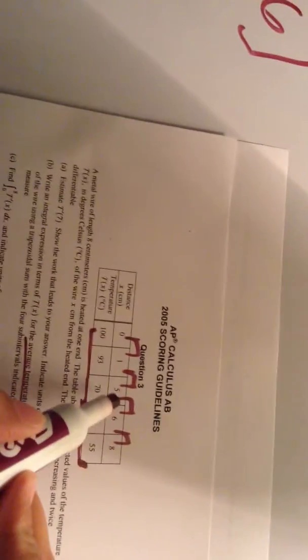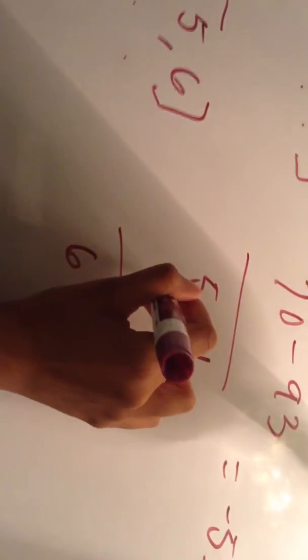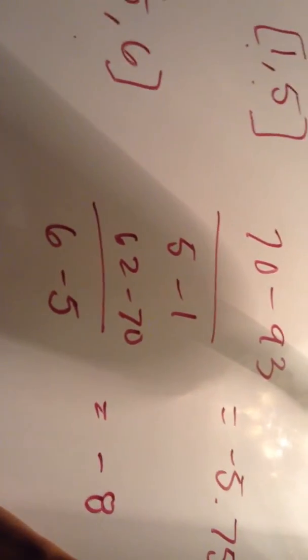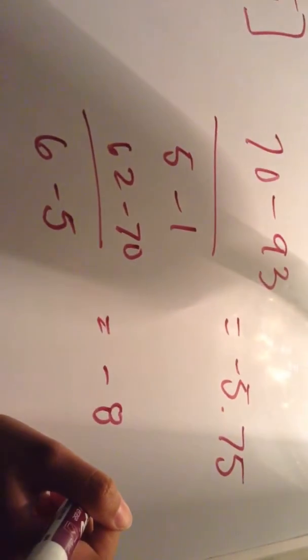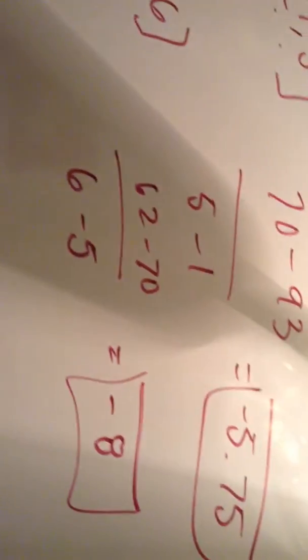That might seem really unclear. You want to choose 1 to 5 and 5 to 6 because there's a shift in the function, if that makes any sense. So from 5 to 6, 62 minus 70 equals negative 8. So you see that this function is decreasing all the time since both first derivative values are negative.